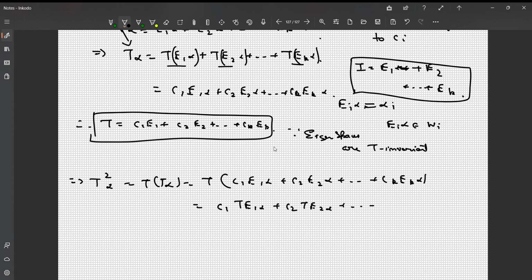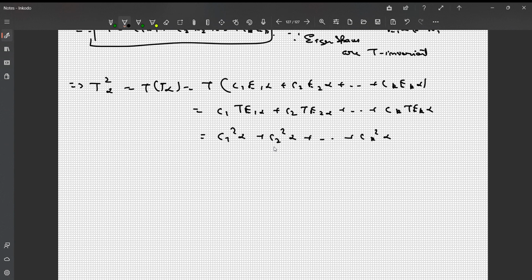That is equal to C1 times T E1 alpha plus C2 times T E2 alpha and so on till Ck times T Ek alpha. But T E1 alpha is again C1 alpha, so it becomes C1 squared alpha. Here you have C2 squared alpha, and here Ck squared alpha. Clear?